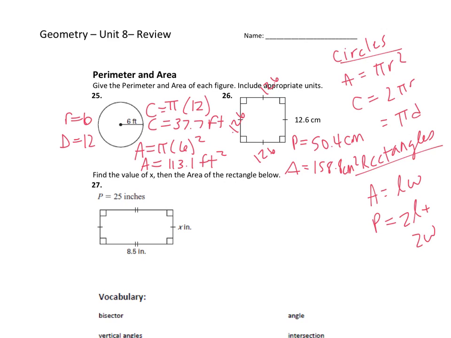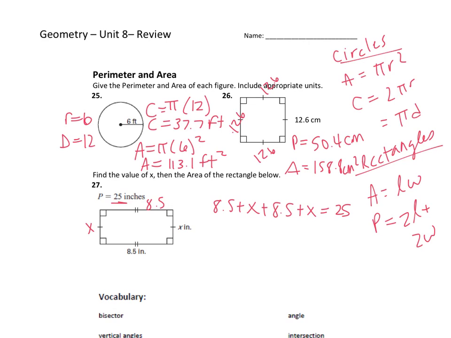On 27, you're given that the perimeter is 25, and you're looking for the width. If we know the perimeter, we know that this is x, and we know that this is 8.5. And so we have 8.5 plus x plus 8.5 plus x, and we know that equals 25.